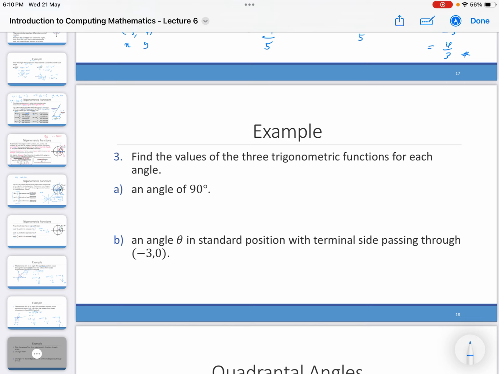Okay, number 3. Find the values of the three trigonometric functions for each angle. So we want sine, cos, tangent for this angle. We have an angle of 90 degrees, so we can draw.